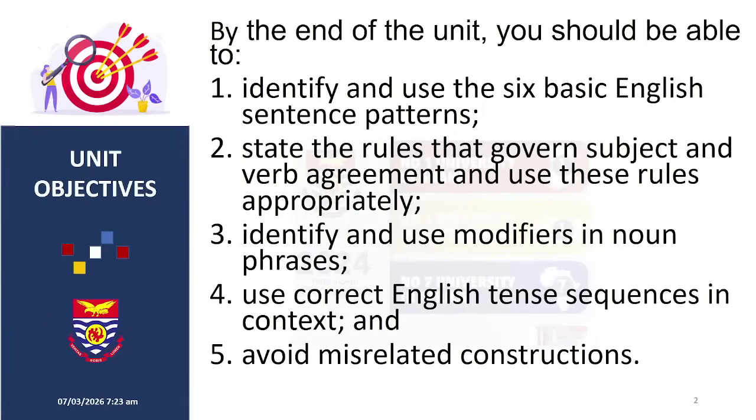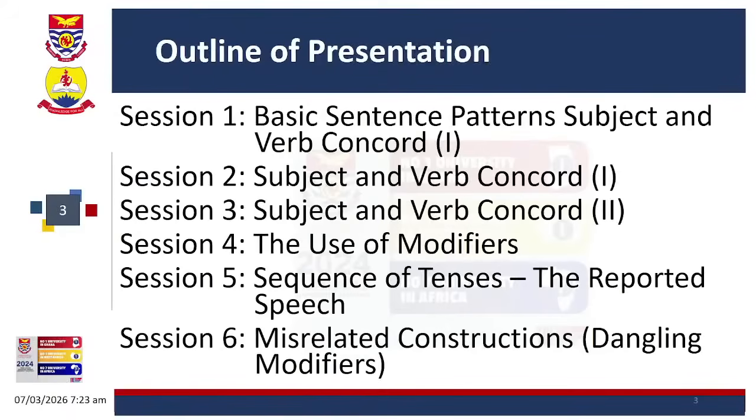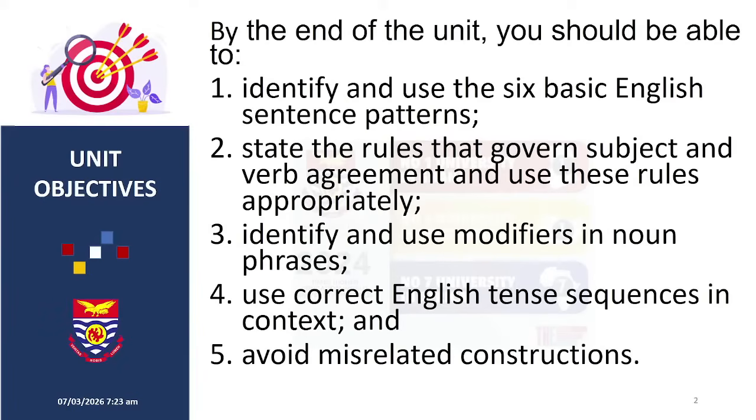In this unit, we would expect that by the end, you will be able to identify and use 6 basic English patterns. We would also expect that by the end of the unit, you'll be able to state the rules that govern subject and verb agreements and use these rules in the right way.